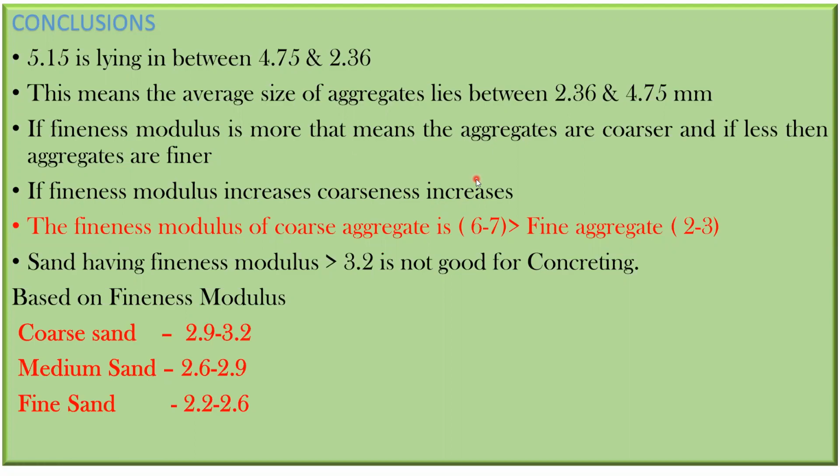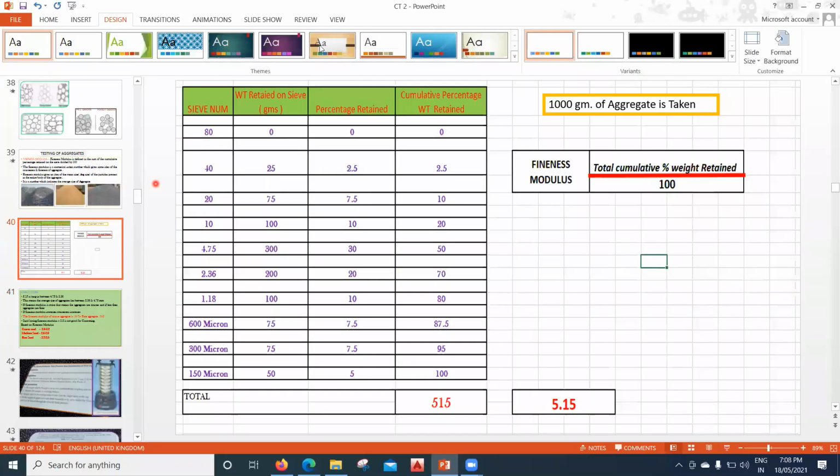So what do you mean by this? Now you have to concentrate here. We got the fineness modulus as 5.15, and 5.15 lies in between 2.36 to 4.75. Let us say I got a fineness modulus of 8.15. So this 8.15 is going to lie in between 40 and 20, right?